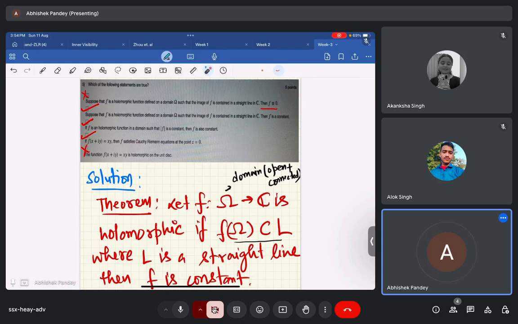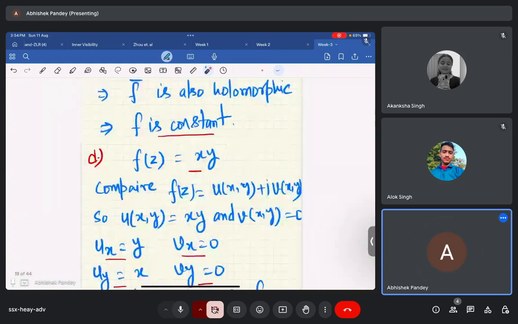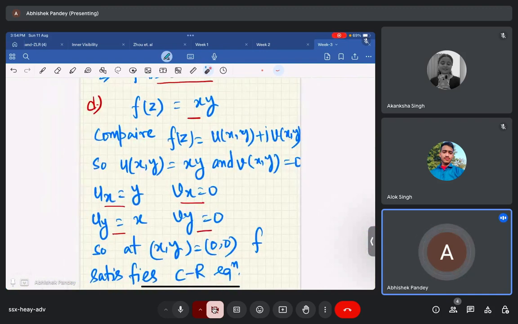Okay, let us see this one. So let us take f(z) = x y. So f(z) can be written as u(x,y) + i v(x,y). So u(x,y) is nothing but x y, and v(x,y) is 0.